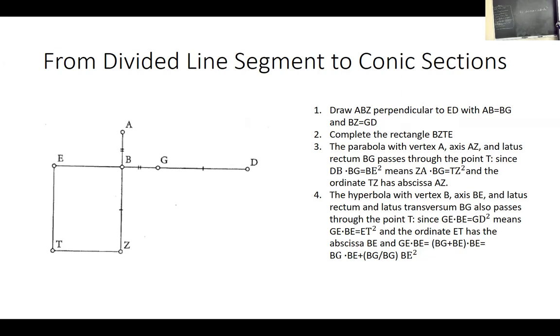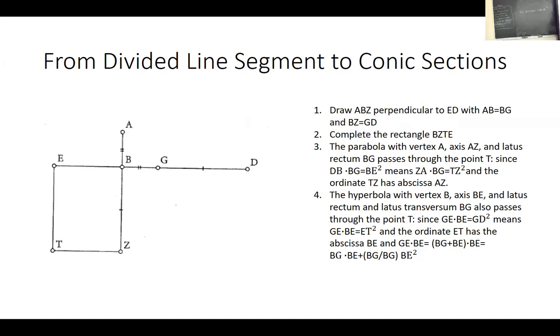So we can replace BE by TZ and DB by AZ. There's the ordinate and there's the abscissa.